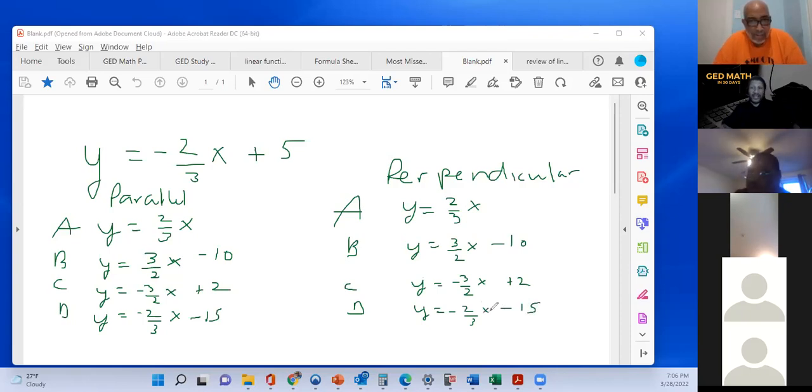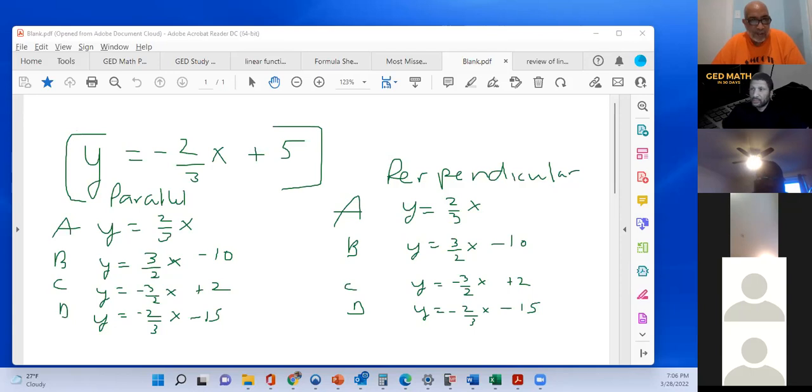So in the first set, I want to find what equation is parallel to my equation above here. I want you to send me in the chat A, B, C, or D. What equation of the line is parallel to the equation I have above?